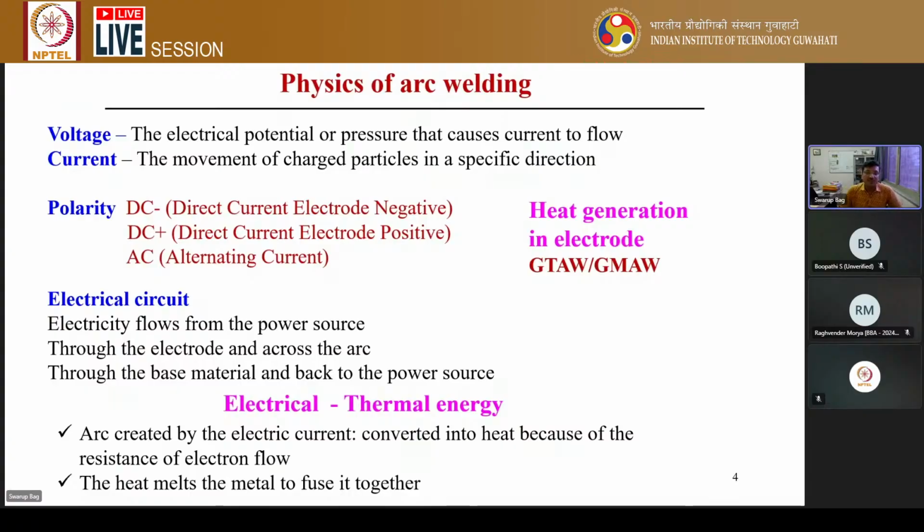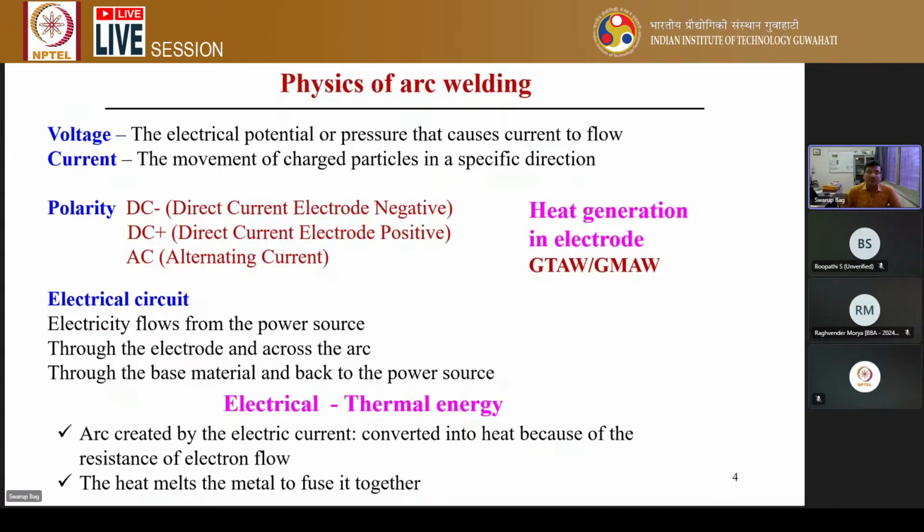Now, if you look into the DC current, in this case we can use the direct current. The electrode can be the positive terminal, or the electrode can be the negative terminal. When the electrode is the negative terminal, we can assume this is the flow of electrons from the electrode.